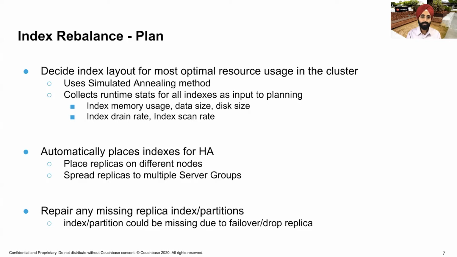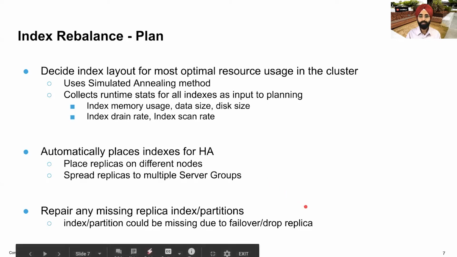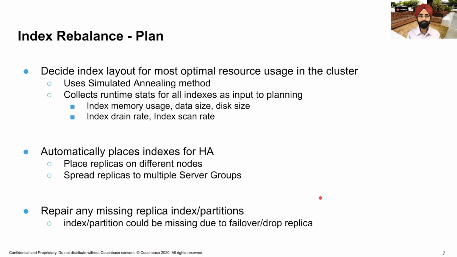And for the HA, the replicas will be placed on different nodes, and it will be spread to multiple server groups, as we talked about. And any missing replica index or partitions, those would be repaired.